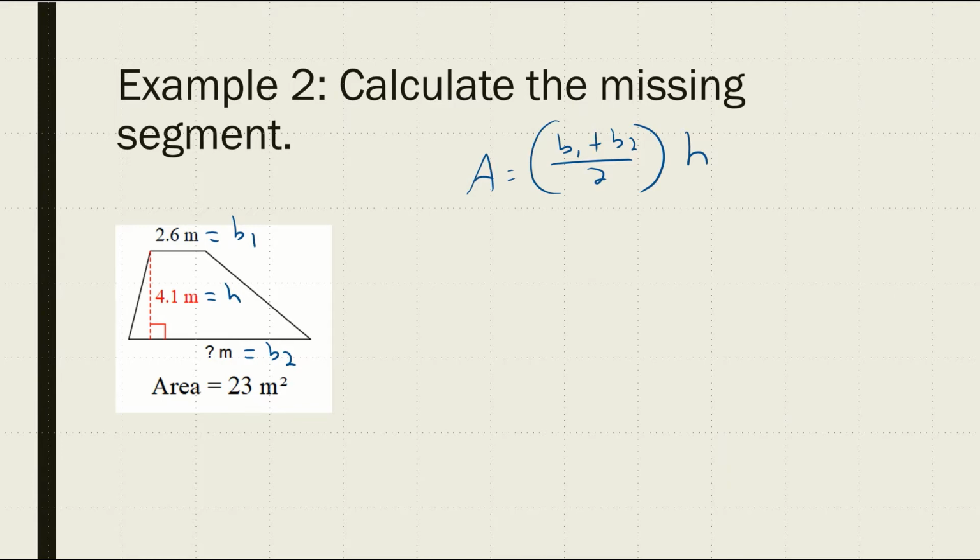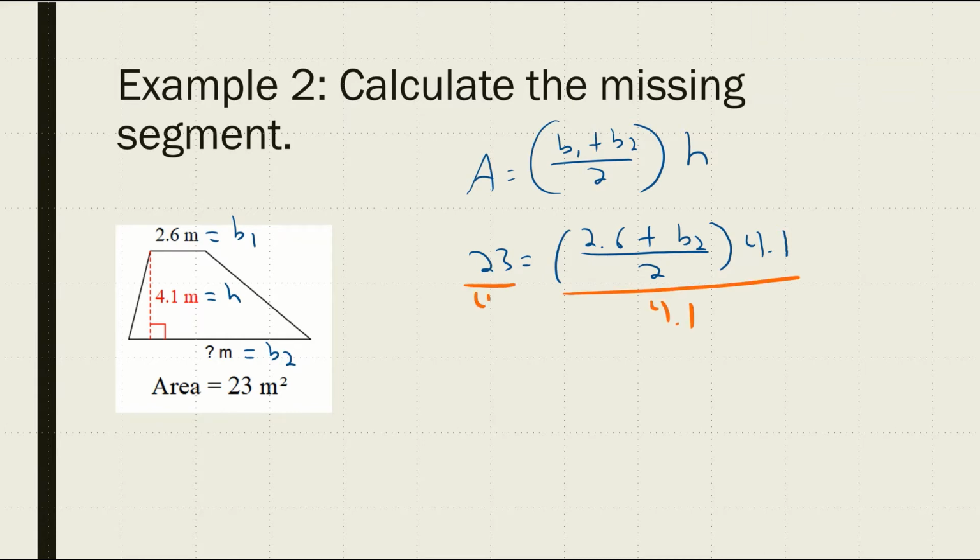So we're going to plug in all the numbers. So the area is 23. Base 1 is 2.6 plus base 2, which we have to solve for, divided by 2, multiplied by the height, which is 4.1. Okay, so now basically we have to solve for this B2 right here. So the first thing I'm going to do is divide both sides by 4.1.